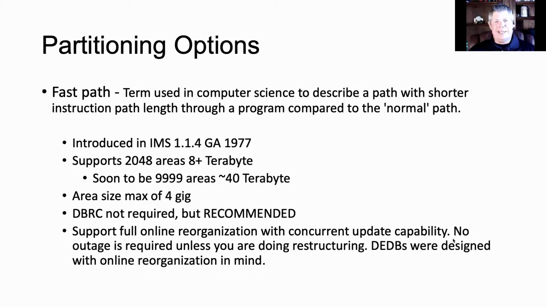I always like to say FastPath is exactly what it says. It's just a shorter path length to getting your work done, right? And that makes it faster. But FastPath was introduced back in IMS 1.1.4, which seems almost incredibly long ago, 1977.